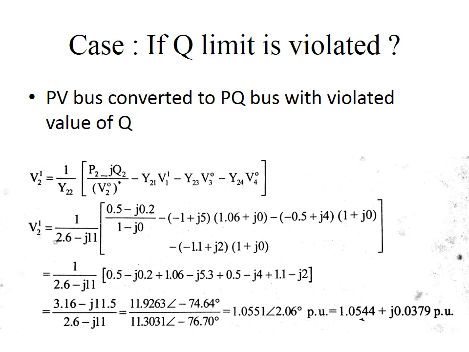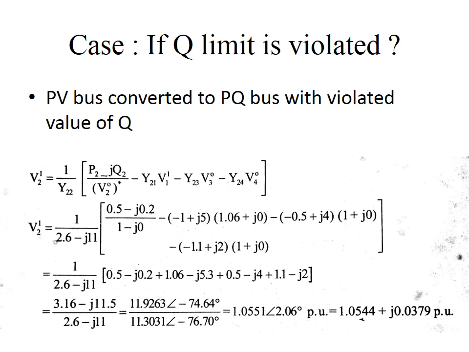So the P and Q values are not taken as negative, similar to other load buses, but here we will assume P and Q as positive values itself, and the remaining P and Q values of the other load buses given, that is bus number 3 and bus number 4, we will give negative values. By substituting the values in the main voltage equation, we can find the voltage at the end of first iteration for each of the buses, that is bus number 2, bus number 3 and bus number 4.